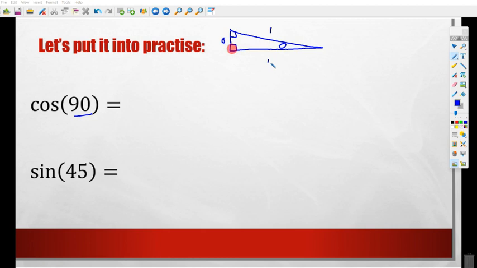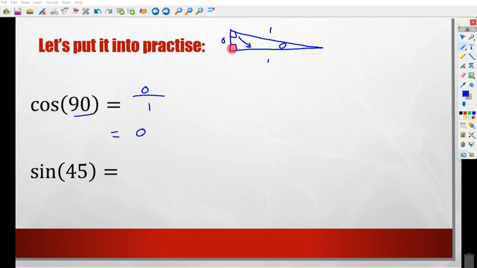It's the 0. Why is it not the 1? Because the 1 is the hypotenuse. The adjacent side is always the one that's not the hypotenuse. So we're going to say adjacent, which is 0, over the hypotenuse, which is 1. And cos of 90 is equal to 0.